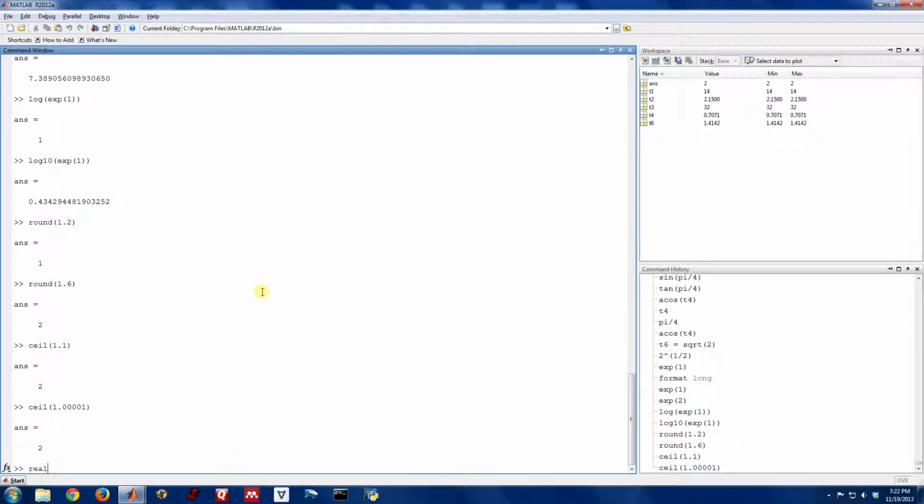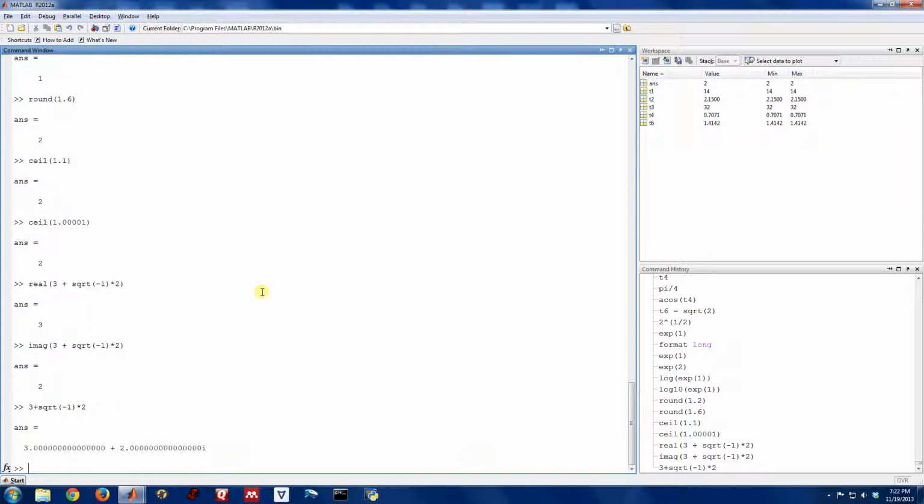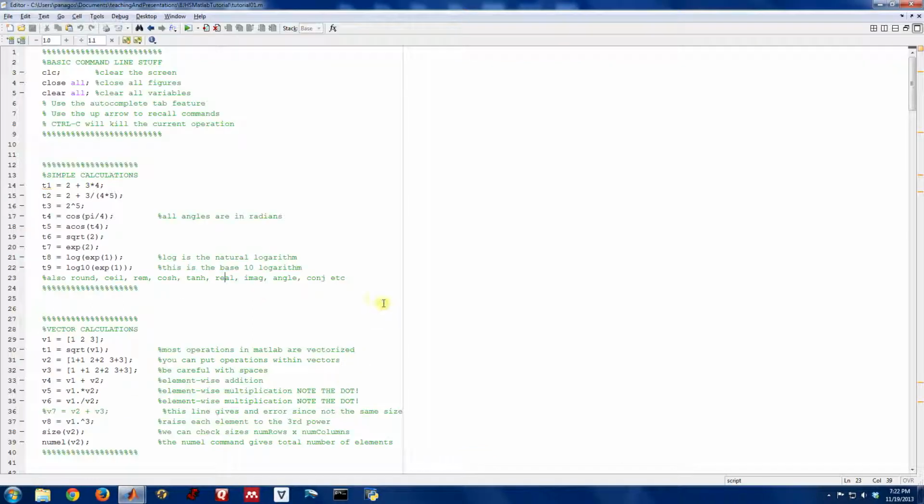You can take the real of a complex number, 3 plus square root of -1 times 2. So the real part is 3. The imaginary part of this number is 2, because 3 plus square root of -1 times 2 is this complex number, 3 plus 2i. The square root of -1 is i.